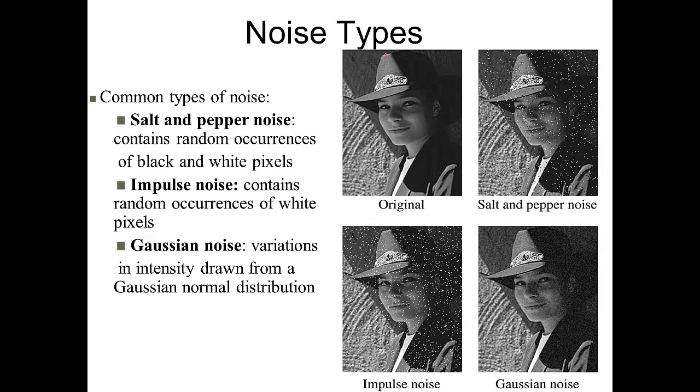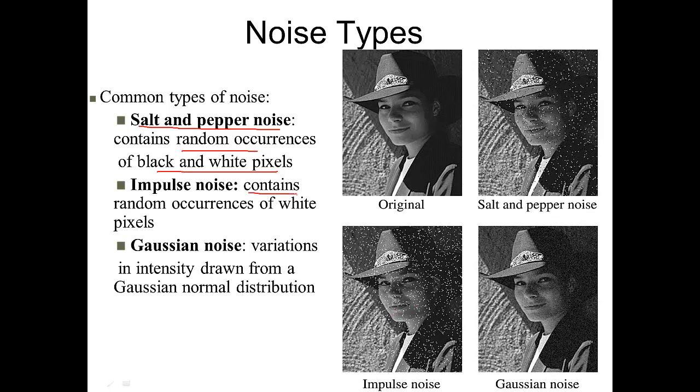There are different types of noise. There is salt and pepper noise, for example, shown here. This kind of noise contains random occurrences of black and white pixels. This other one we call impulse noise.